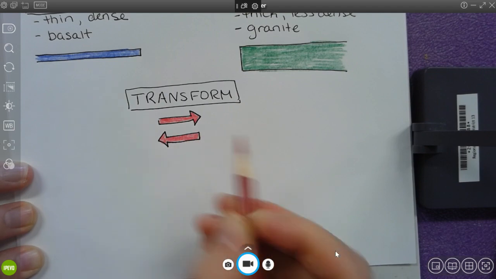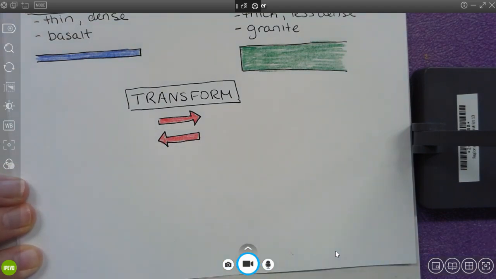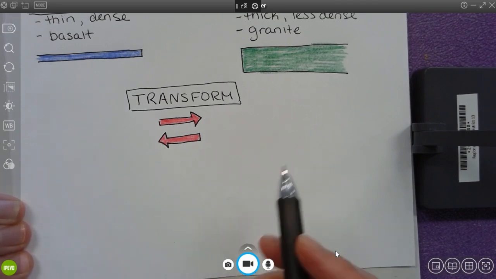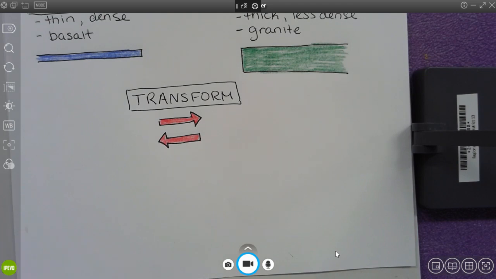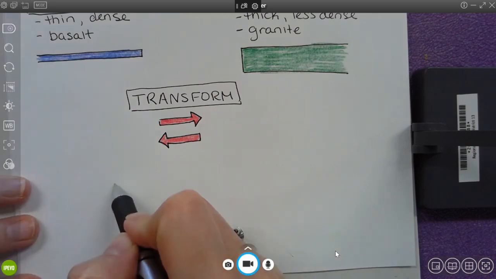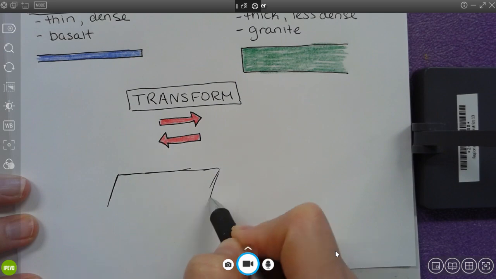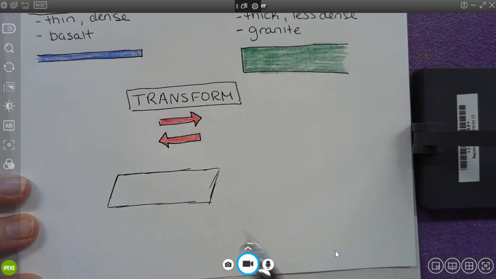Okay. So remember that at transform boundaries, the plates are going to slide past one another. So here's how I'm going to draw that. I'm going to try to draw two slabs of crust, basically. So the first one that I'm going to draw on the top is going to look like that.